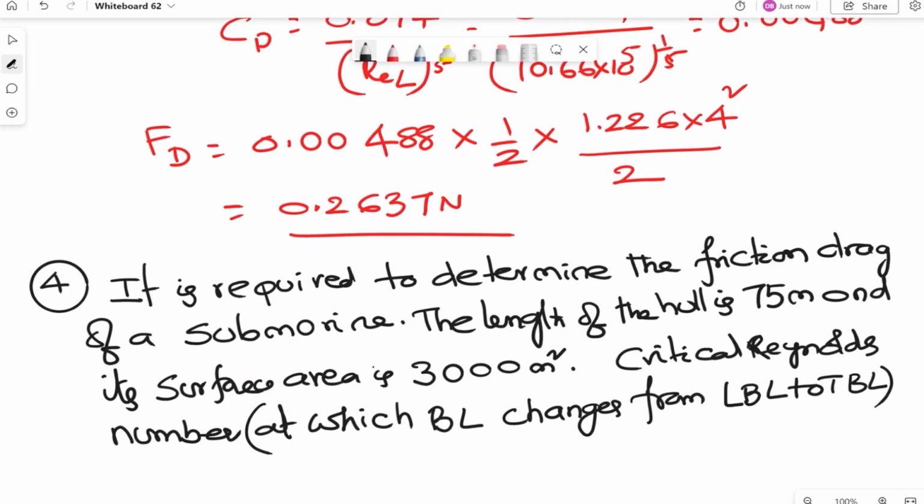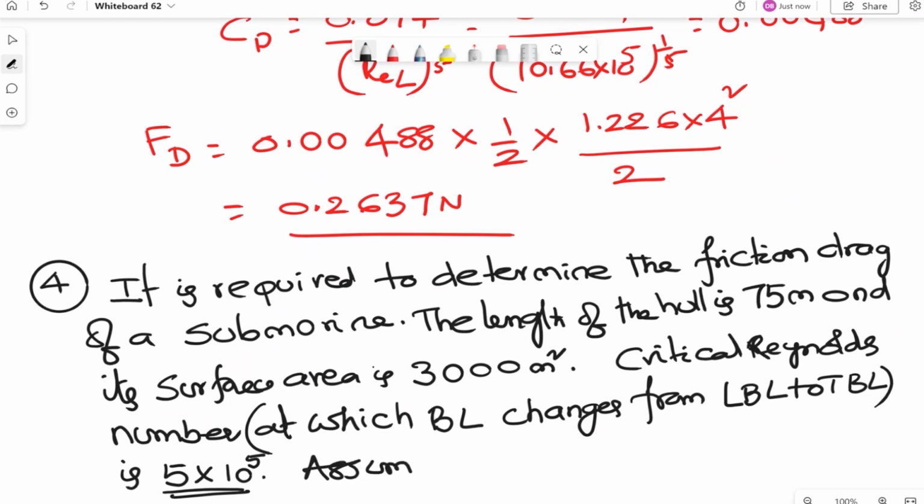The critical Reynolds number is 5 into 10 to the power of 5. At this Reynolds number, the boundary layer changes from laminar to turbulent.